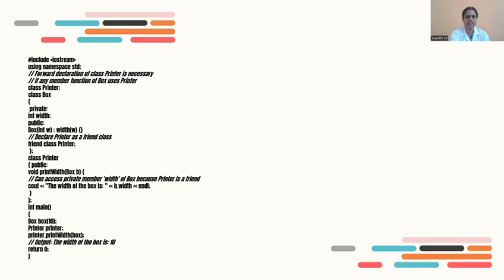For this also we have one example here. Here we have given two different classes called printer and box. We have given friend class printer, which means the class printer can access the values or members of the box class.